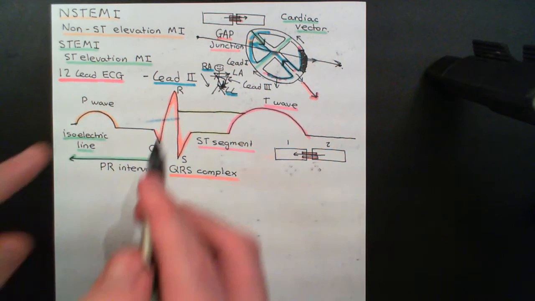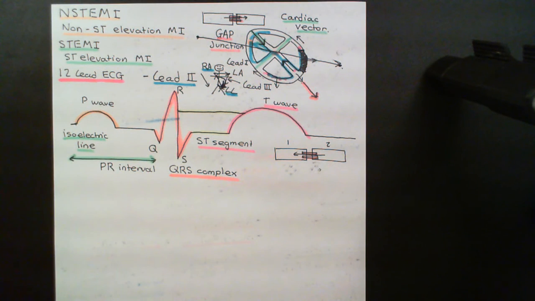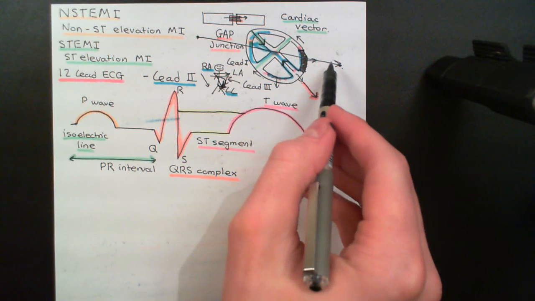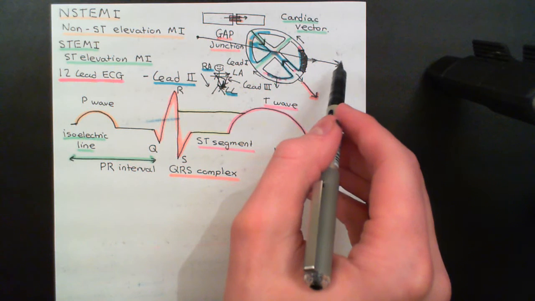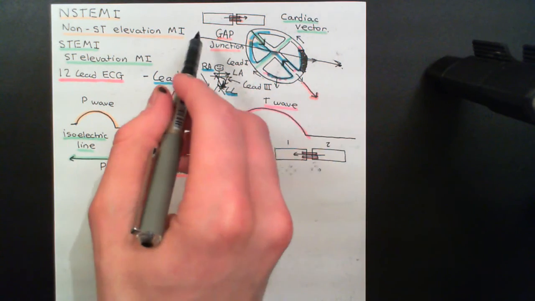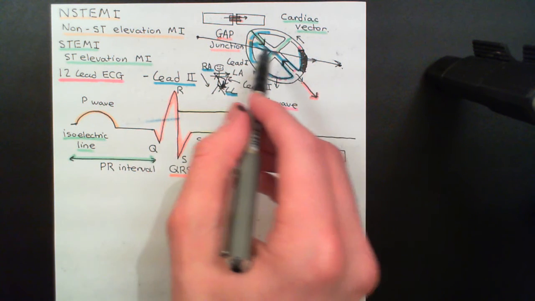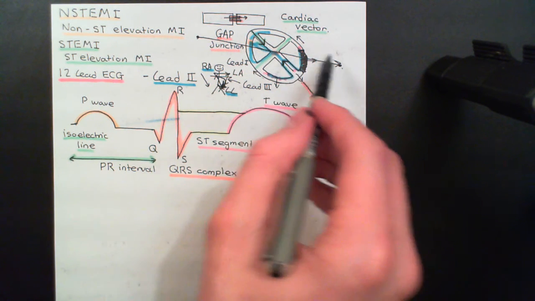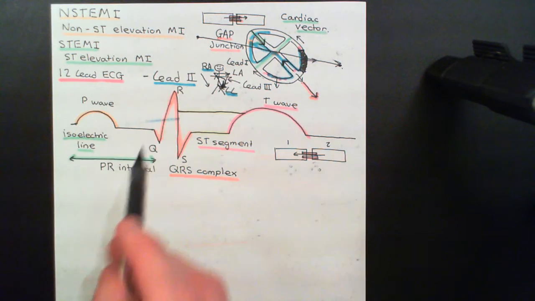So you need to pick a lead of the 12-lead ECG where if you join the 2 points that you are looking at the electrical potential difference between by a nice arrow, that arrow goes through the portion of myocardium that is actually undergoing the myocardial infarction and is ischemic, and it also goes through it last, so it's towards the electrode, if you like, or the point that you're looking at the electrical potential at. Okay, so this is the from point, this is the to point, so this needs to be towards the to point and away from the from point, okay, if that makes sense.